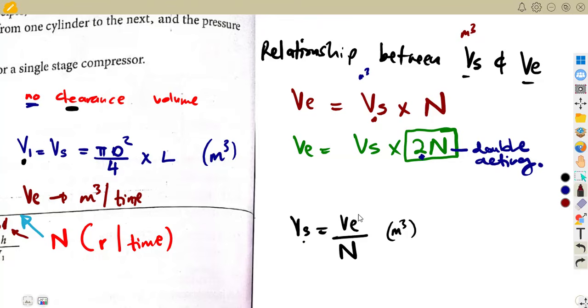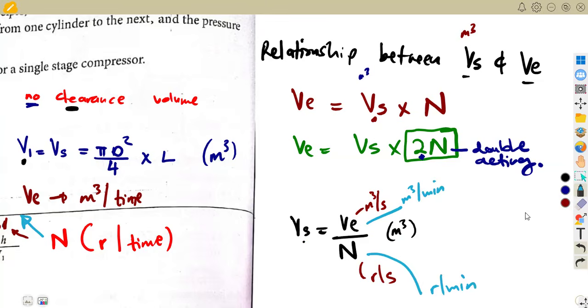Provided that this is in cubic meters per second, this must be in revs per second. If this is in cubic meters per minute, your speed must be in revolutions per minute so that your volume will be in cubic meters. That's the idea.